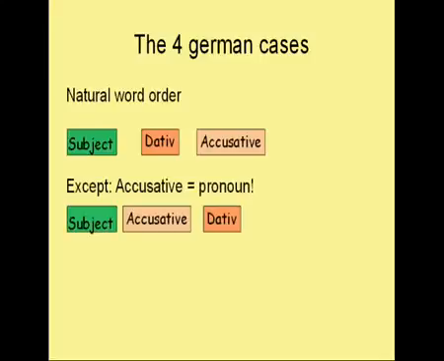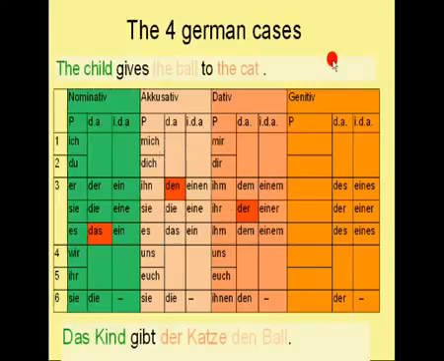Now, as you learned, the natural word order in German is subject, dative and accusative. But there's a little exception, and that exception is if the accusative is a pronoun. Let me demonstrate this to you with an example. Here we have the sentence, the child gives the ball to the cat, right? Subject, accusative, dative. And in German switched.